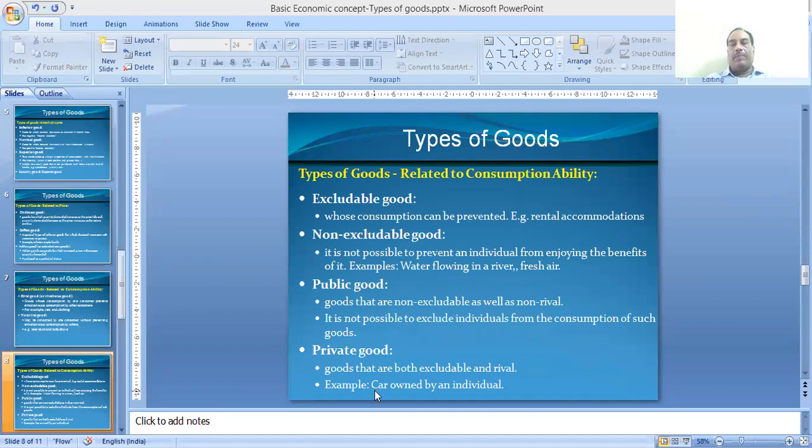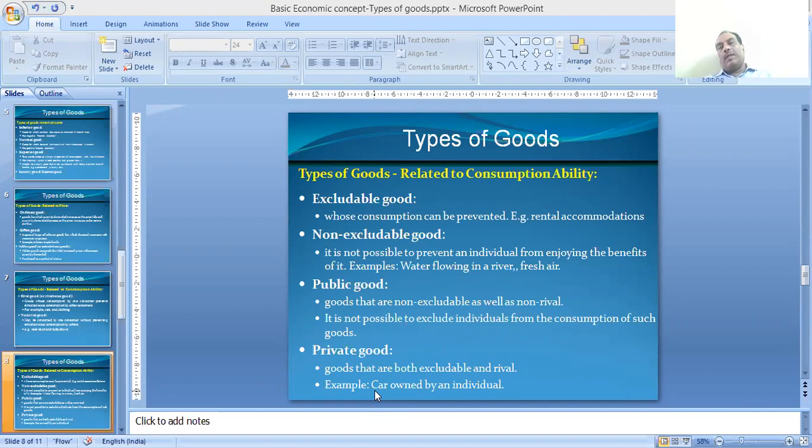So public goods are those goods that are non-excludable as well as non-rival. So it is not possible to exclude individuals from the consumption of such goods. And you know, public parks. Owned public goods are those goods which are owned by the public, or you can say owned by the government.